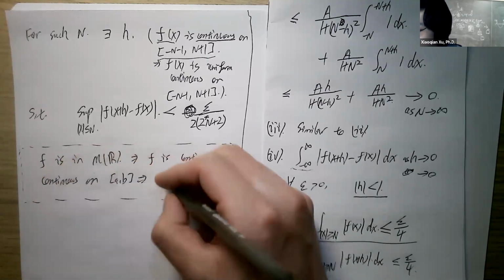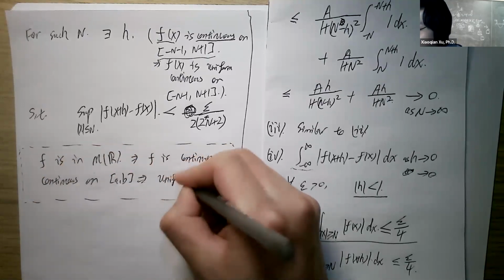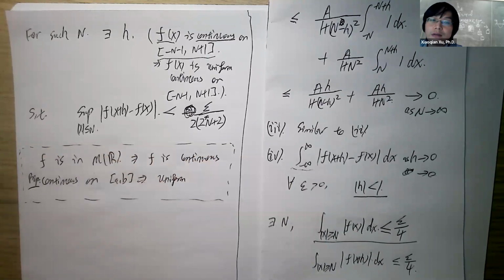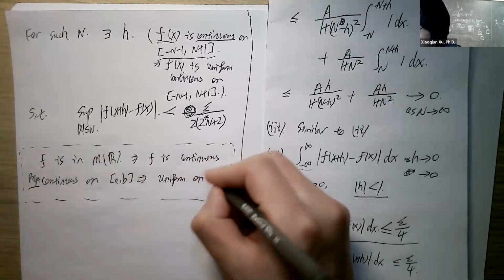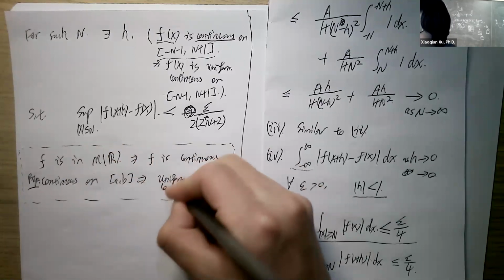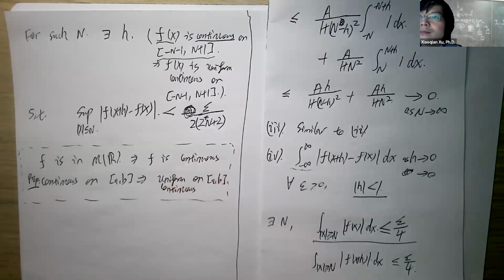This is a proposition about continuity and uniform continuity: a function continuous on [a,b] is uniformly continuous on [a,b].